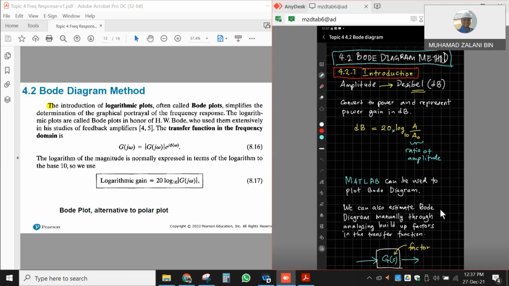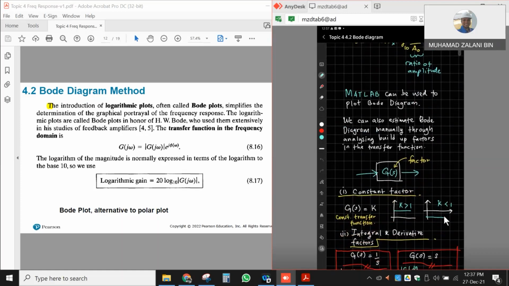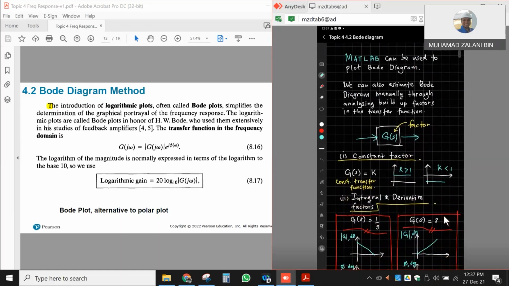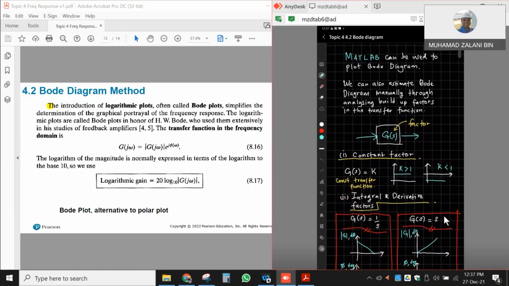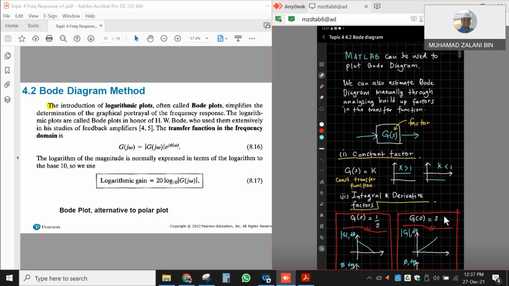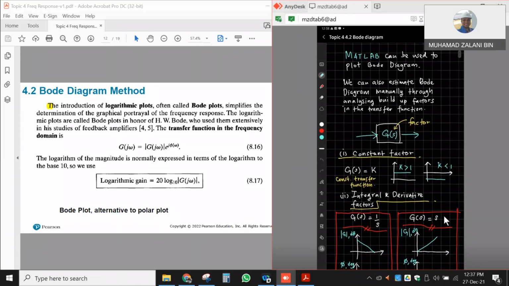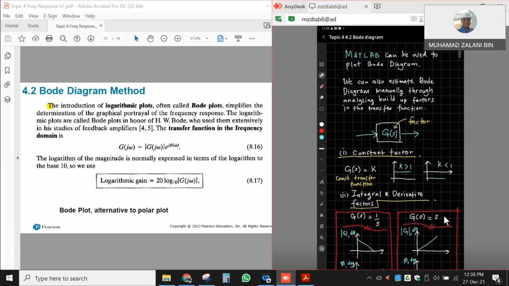For the Bode plot, we can also use tools like MATLAB to do the Bode diagram. We can represent the Bode diagram just by using MATLAB, put in the code and plot it, and then we will see the Bode plot in the form of a MATLAB plot.